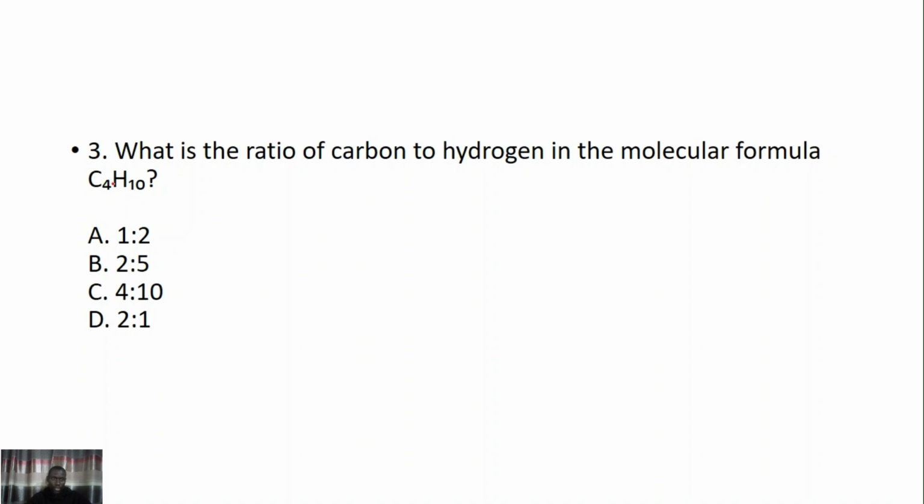If we divide this one by 4, we get 1, and this one by 4 gives us 2.5, and that is not allowed in a chemical formula. The ratio must be in whole numbers. So we divide this one by 2 and this one by 2. That will be C2H5, a ratio of 2 to 5. The answer is B.